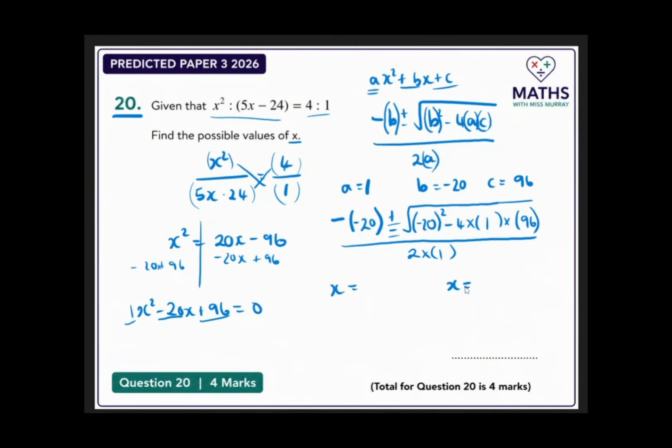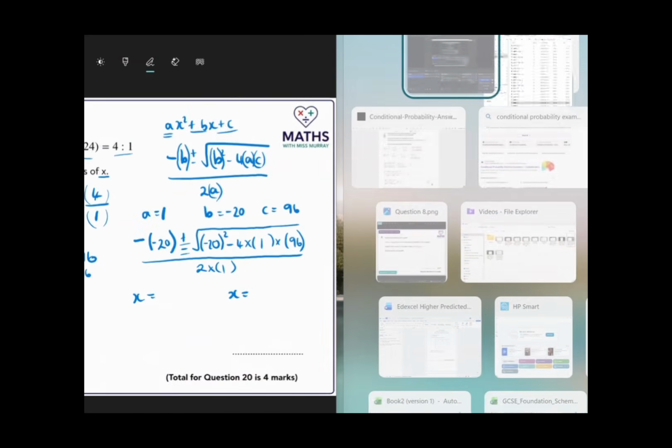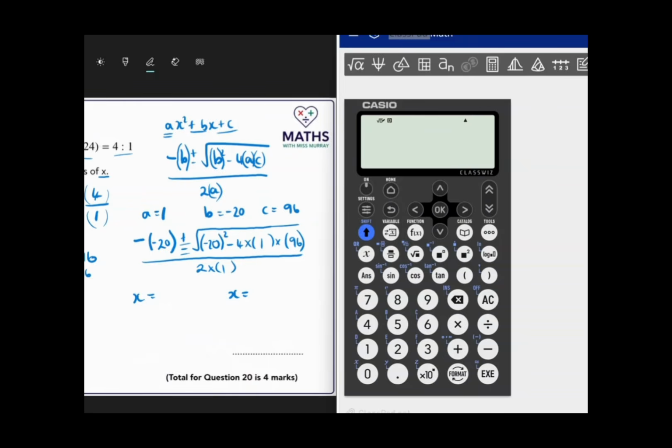So now I'm going to need my calculator for this question. I have got to put my fraction button in, and then I'm going to put minus negative 20. You can just use the regular minus button. I'm going to do plus first.